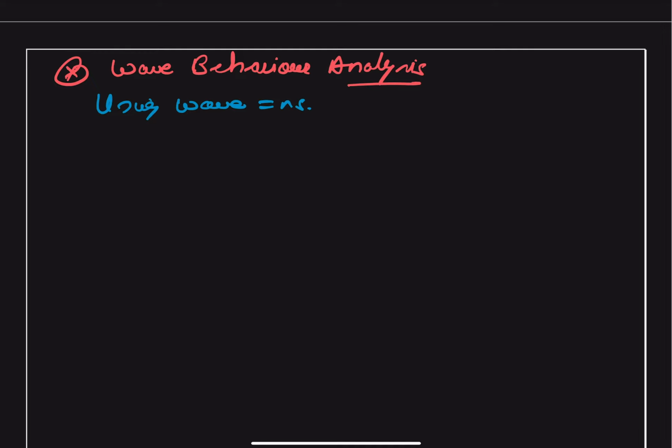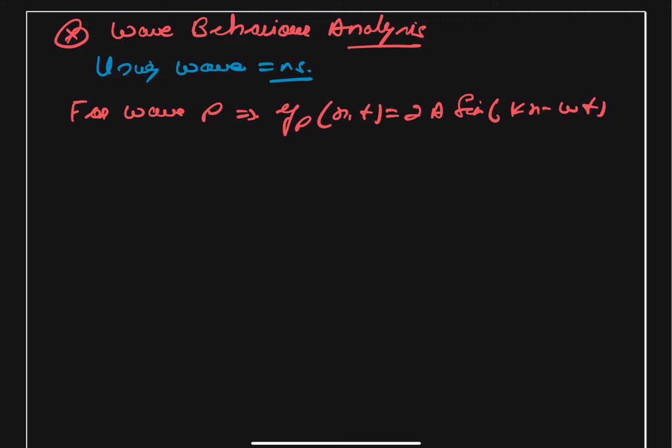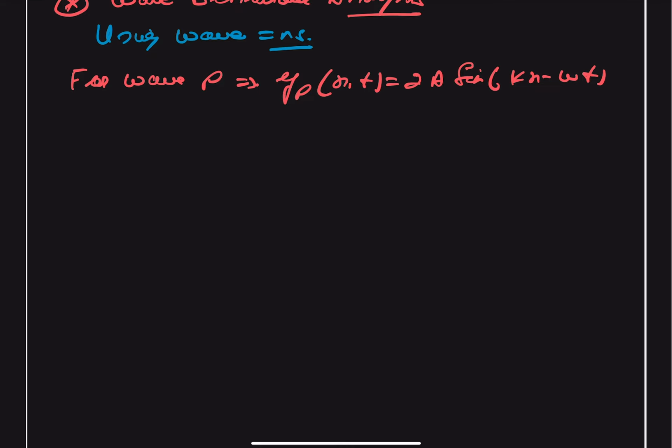So for wave p, we can write y of p with respect to position and time will be equal to 2a sine of kx minus omega t, and for wave q we can write y of q with respect to position and time will be equal to a sine of kx plus omega t, where k is the wave number.